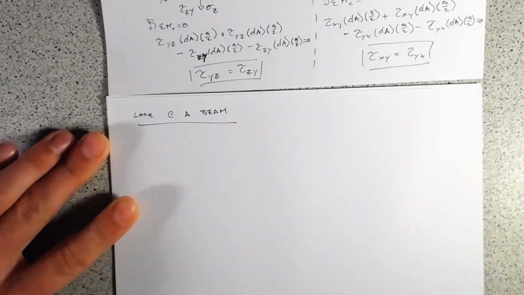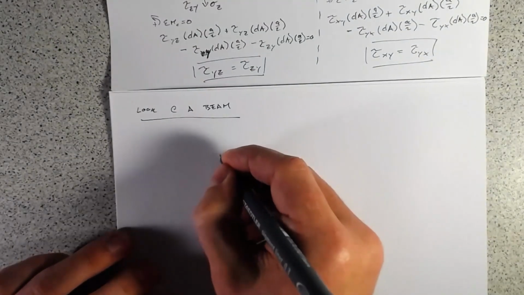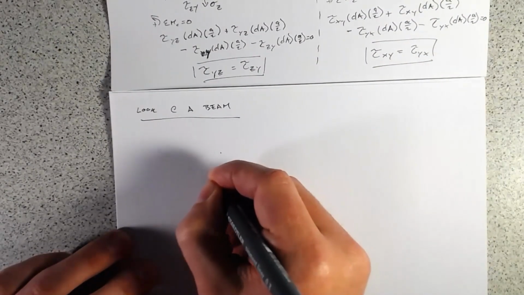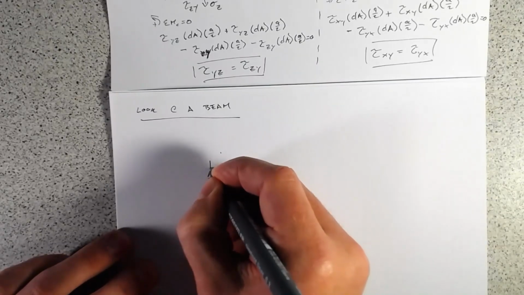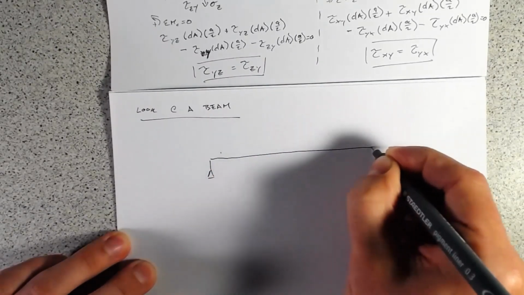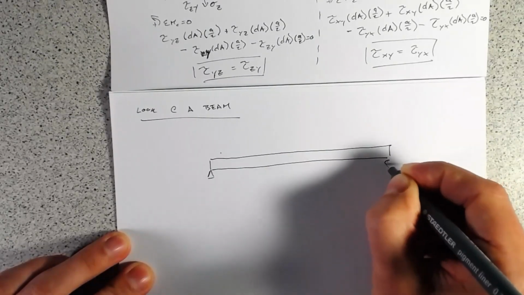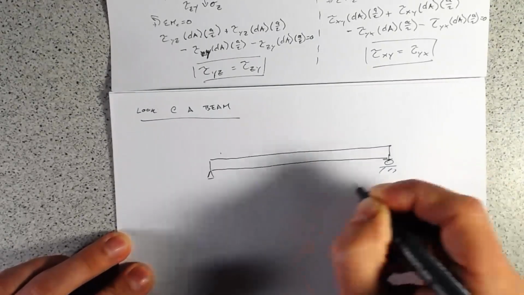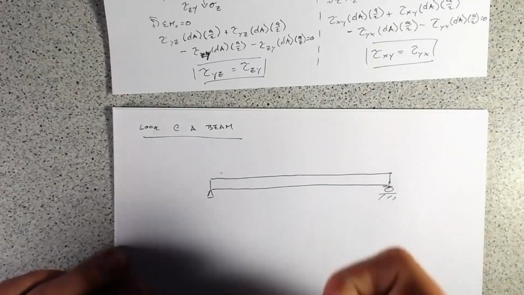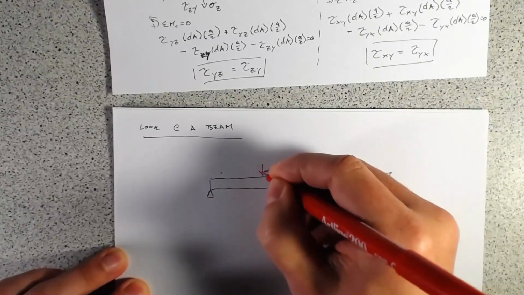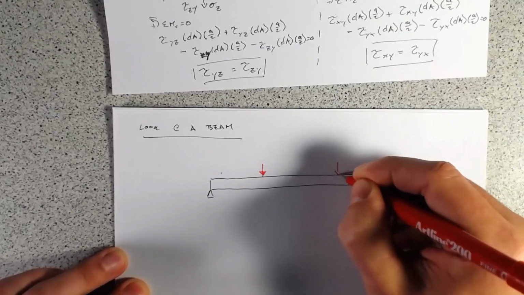So if we have a beam, we'll just do a simply supported beam, and it's got two transverse loads on it.